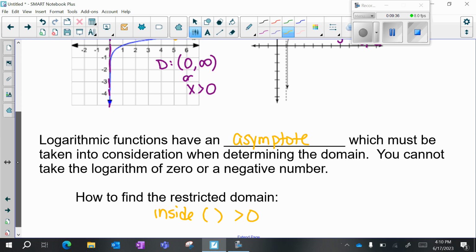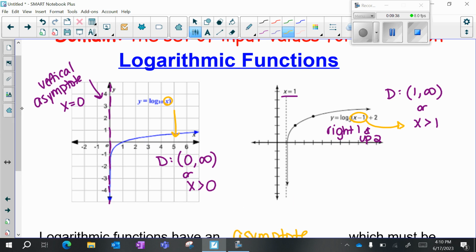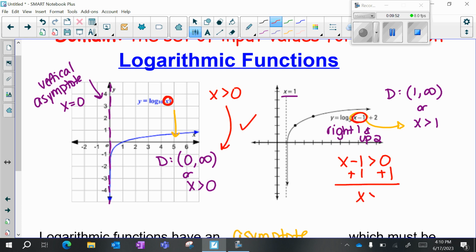Let's go back and take a look at our two examples. So for this one, it would be x is greater than 0 because that's what was inside my parentheses. That's my domain. Over here, I would do x minus 1 is greater than 0. To solve, I get x is greater than 1.